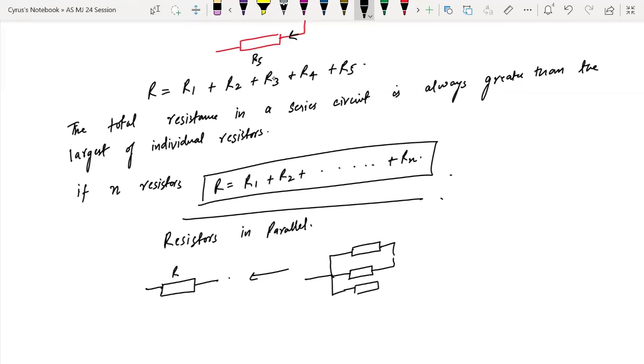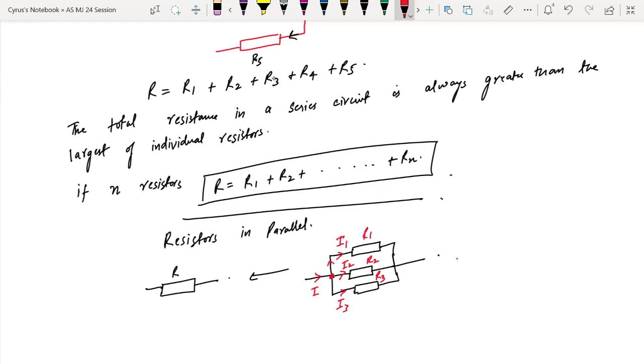So what's happening is that you can see here that these are the resistors in parallel. Let's say there is a current I, and this is a junction here, right? And this current splits. This is I1, this is I2, this is I3. This resistor is R1, this resistor is R2, this resistor is R3.